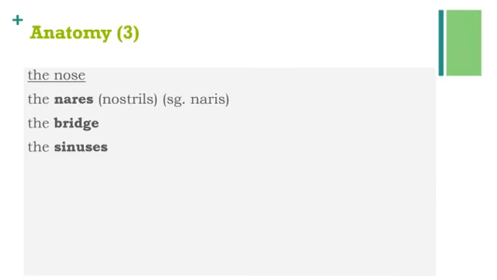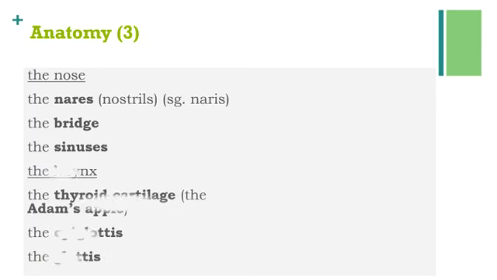The nose. The nose has an internal and an external portion. On the undersurface of the external nose are two openings called the nares or nostrils. The bridge of the nose is formed by the nasal bones. Up the nasal bones there is the frontal sinus.